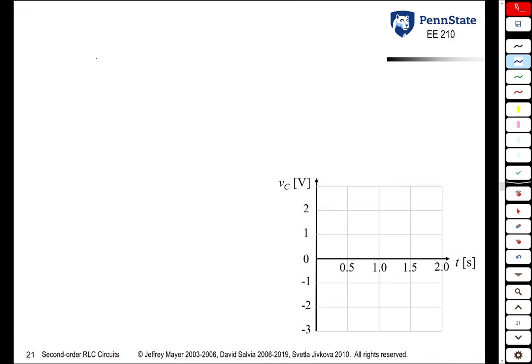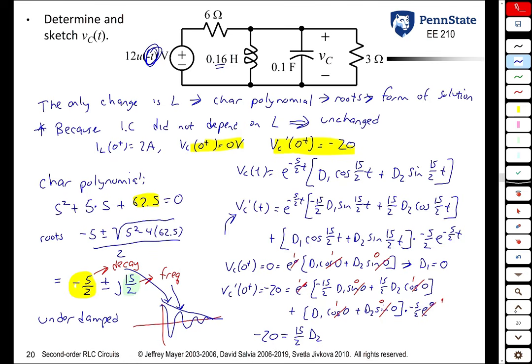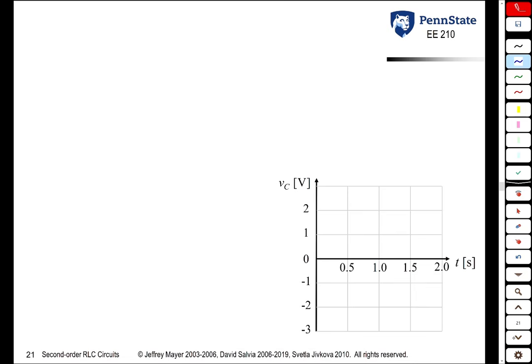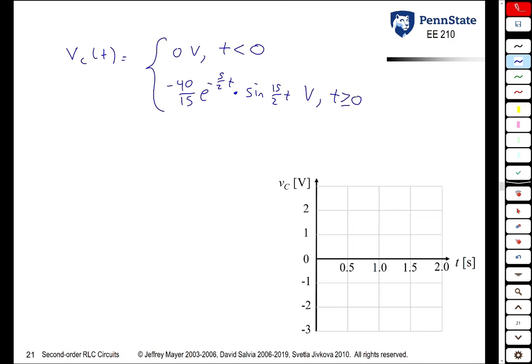We saw from the previous page that minus 20 is 15/2 d2, so d2 is minus 40 over 15. We can now plug that in to get vC(t). It's going to be 0 volts before the circuit changes, and it's going to be minus 40/15 e to the minus 5/2 t times sine of 15/2 t volts for t greater than or equal to 0.